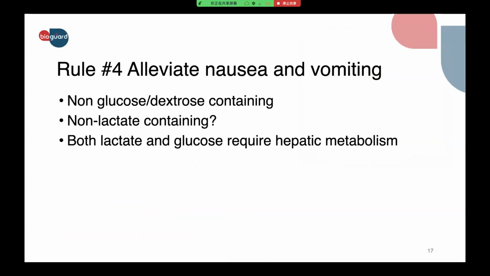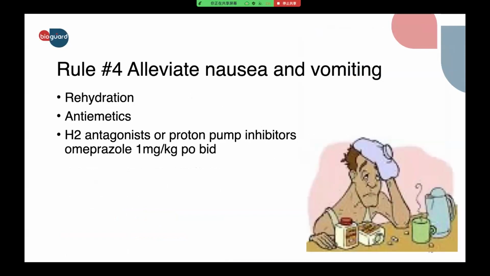And for the next rule, we need to stop the nausea and stop the vomiting, because if the cat continuously feels nausea and wants to vomit, the appetite won't come back. So we need to stop it.